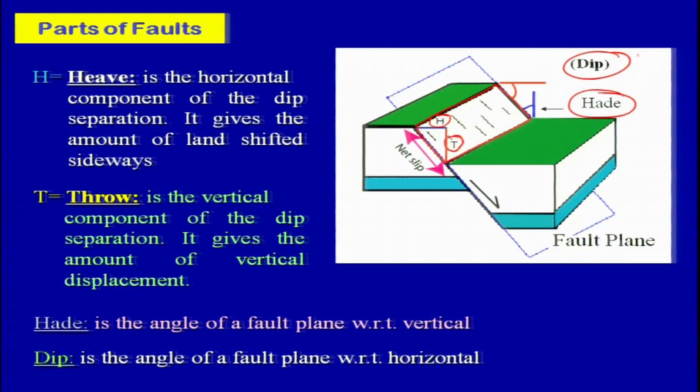So one is dip, second is your throw, third is the net slip if it is required, but I would say that these two are extremely important along with what we call the strike. So how the fault is oriented, what is the sense of movement, and third is the dip, in which direction the fault is dipping. Okay, so this is very important.